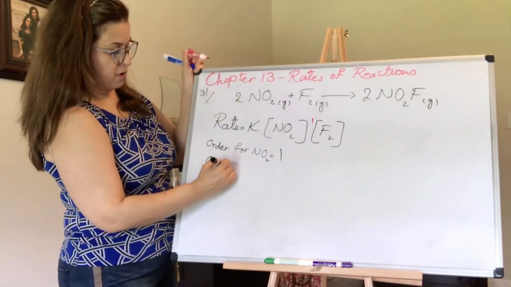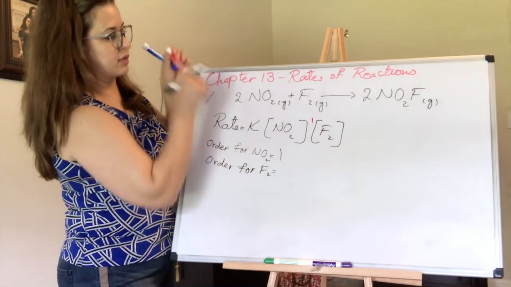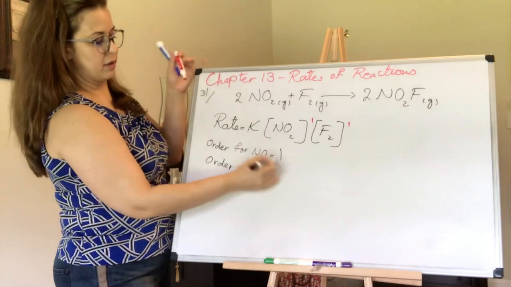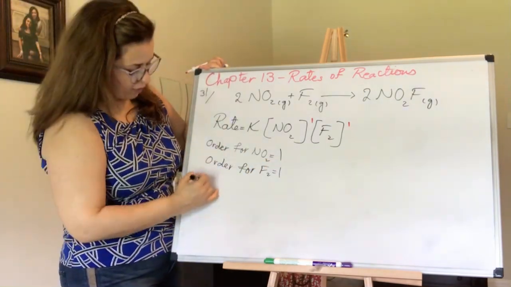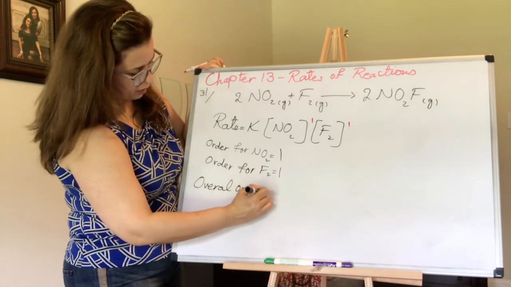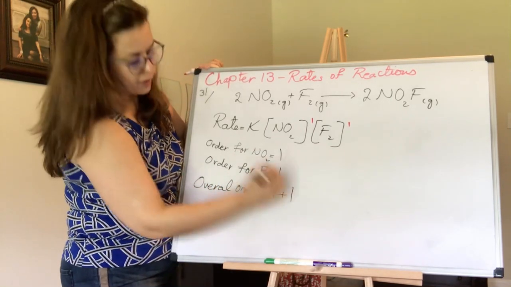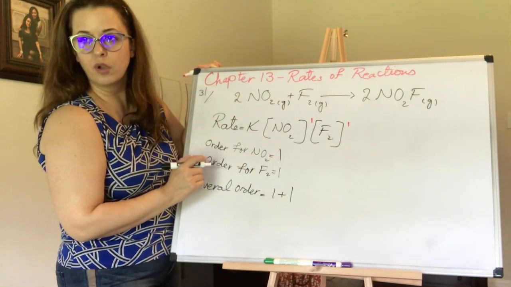Order for F2, that you don't see, again 1. Then what is the overall order? 1 plus 1. We said we add them to each other to find the overall order.